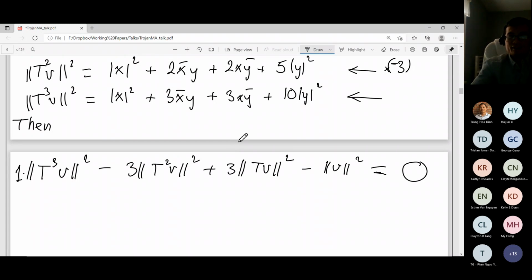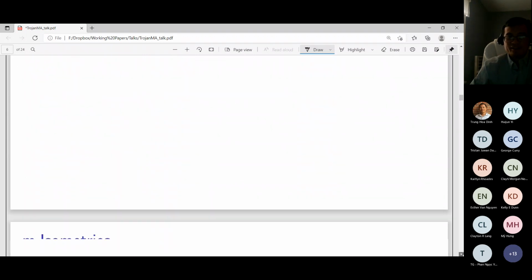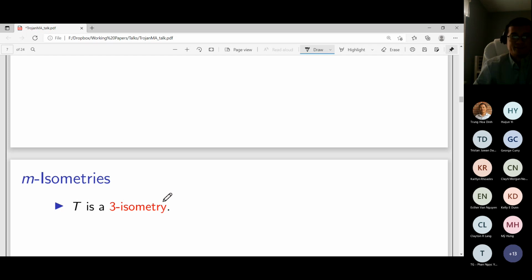We call such an operator T a 3-isometry.